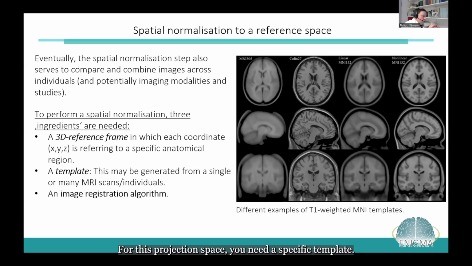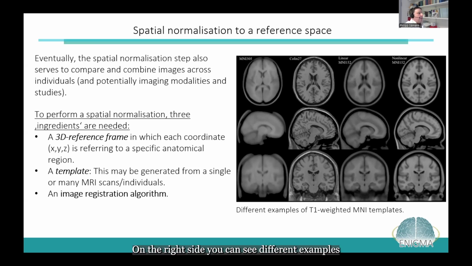For this projection space, you need a specific template. So an image that is geometrically in exactly that shape of your atlas space. And of course, you need an image registration or normalization algorithm that transforms the individual image to the atlas space.